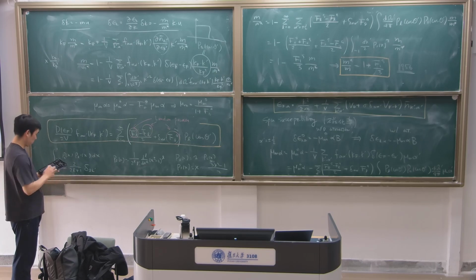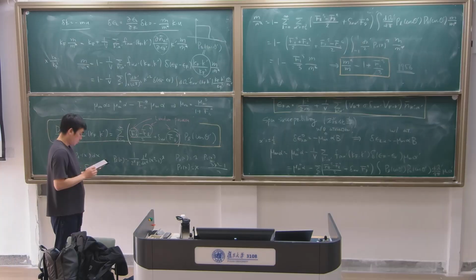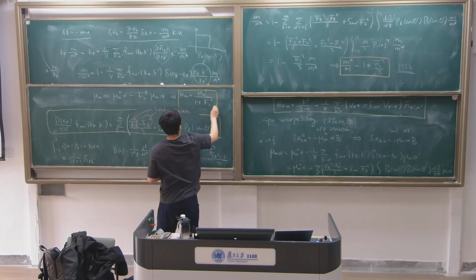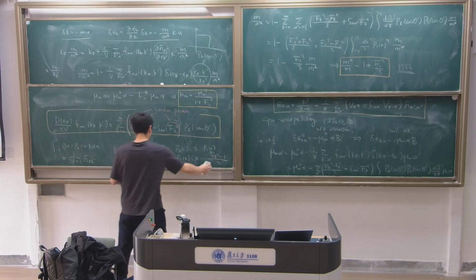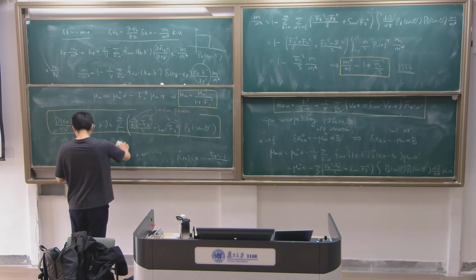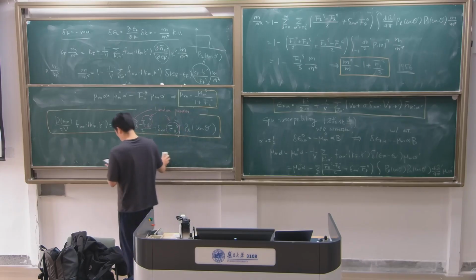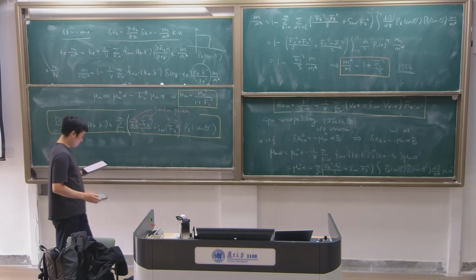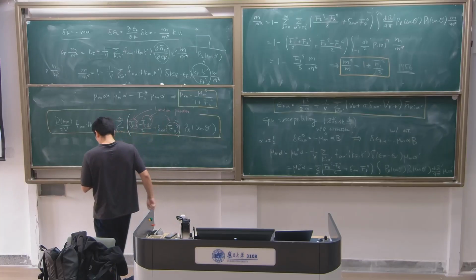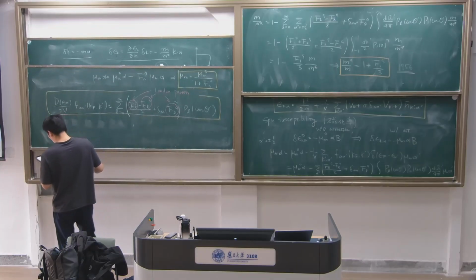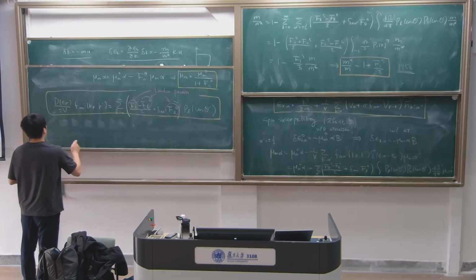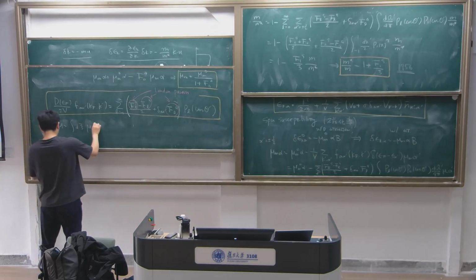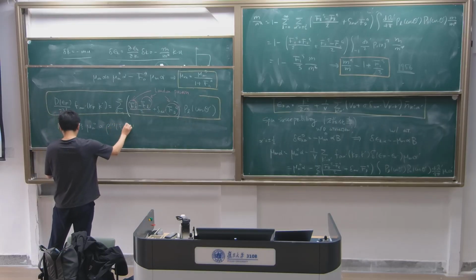Fine. Okay. This is also important. Okay, so magnetization M is given by mu m0 alpha rho 1.